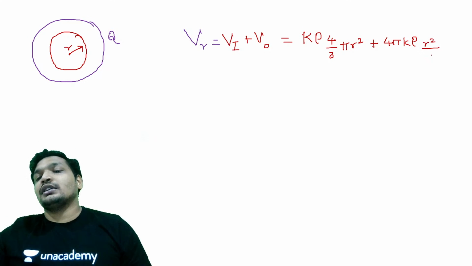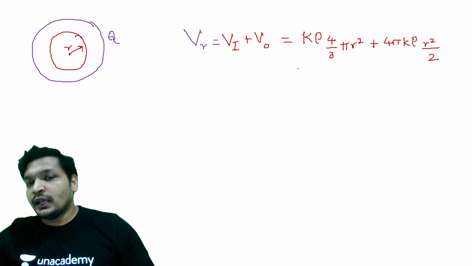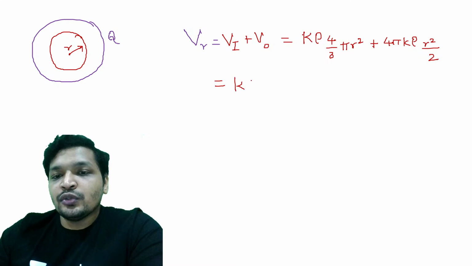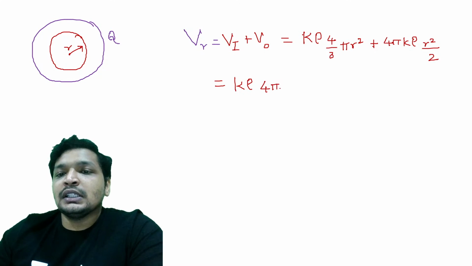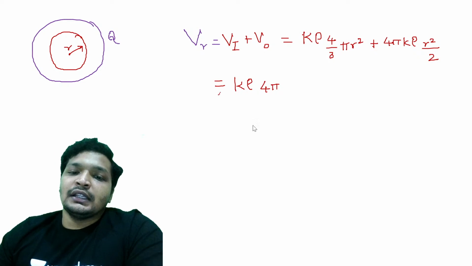You would get something like R square. Okay, so further writing it down, this would come out to be like K into rho into 4 pi. Just these things are being taken out as common, or else let's write it in our way.